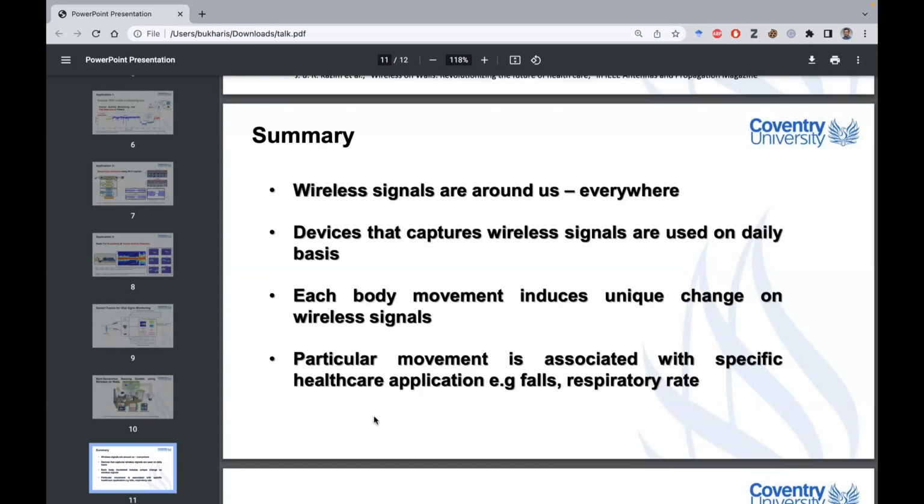However, I think we still have a long way to go to use this technology in clinical settings, because it comes with a lot of limitations, like Wi-Fi and radar. But if you compare all, as I have previously explained, software defined radio combines the advantages of Wi-Fi and radar sensors. So software defined radio is something I would recommend.